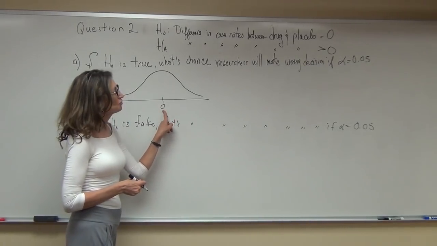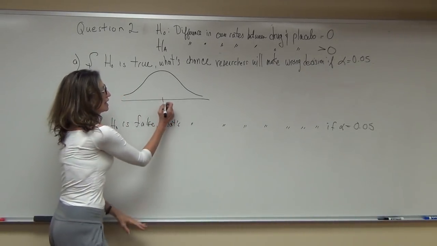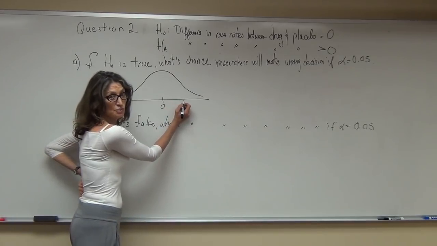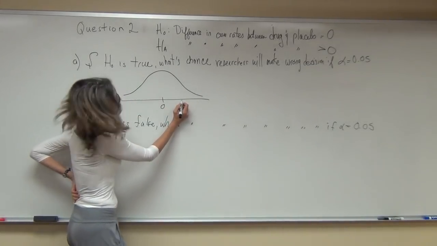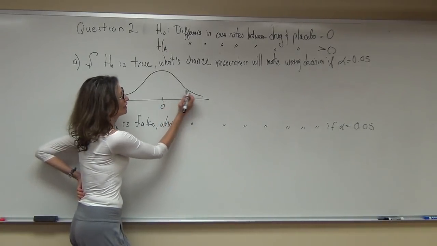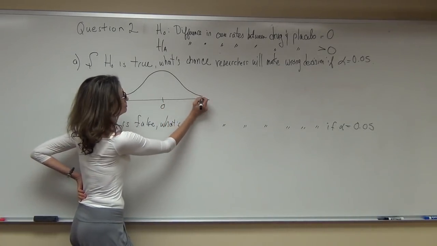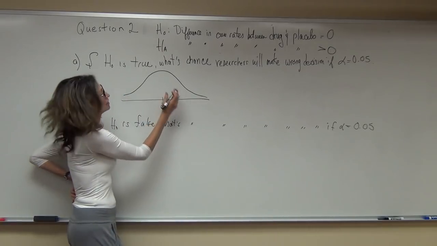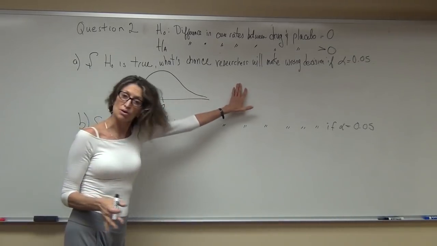And when we say how big a difference do we need to see between the drug and the placebo to say, okay, we've seen enough evidence and we are going to reject this null, we're going to decide that the drug works.